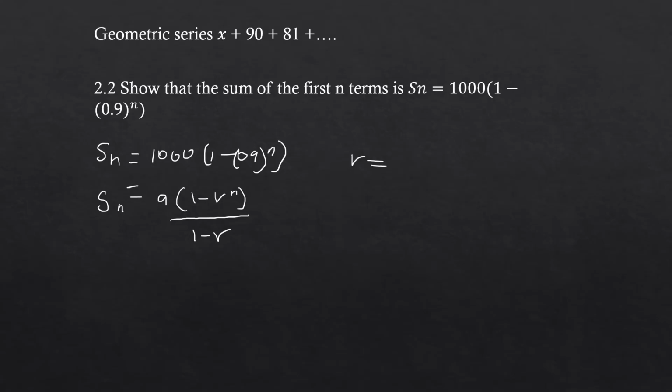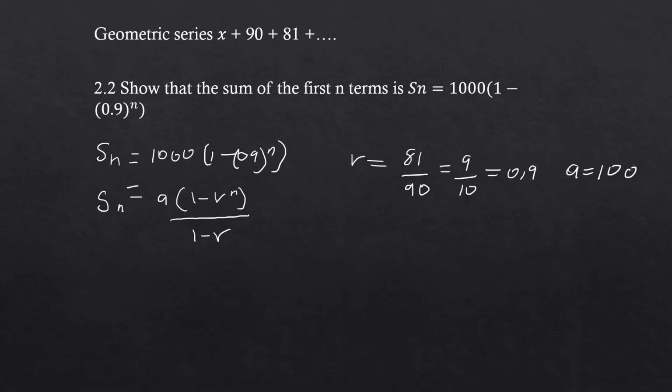So r is equal to 81 divided by 90, which is 9 over 10, which is 0.9. Our a is equal to x, which is T1. Therefore a is equal to 100.